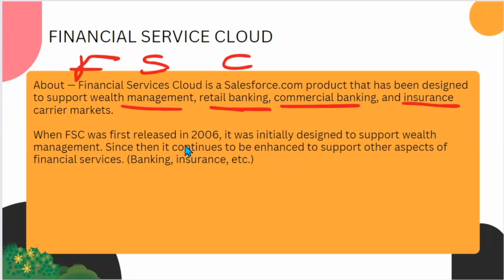Financial Service Cloud was released in 2006 and was initially designed to support wealth management. Right now, Financial Service Cloud gets updated every quarter and they release new and new features.